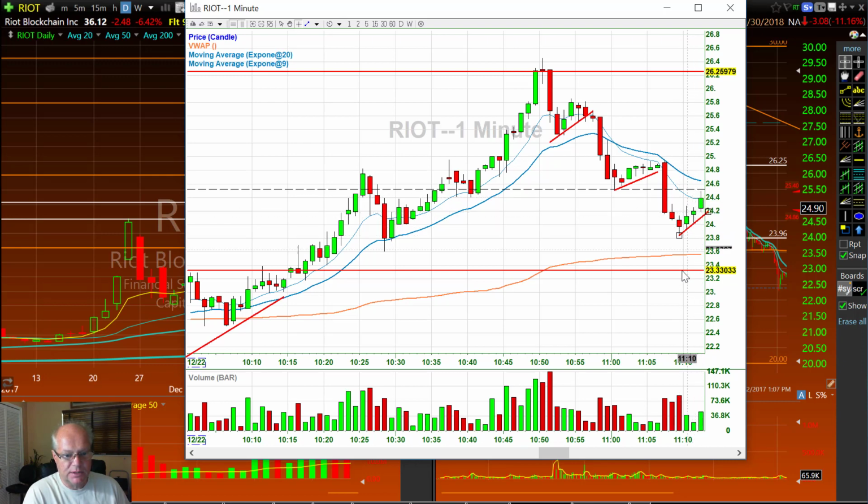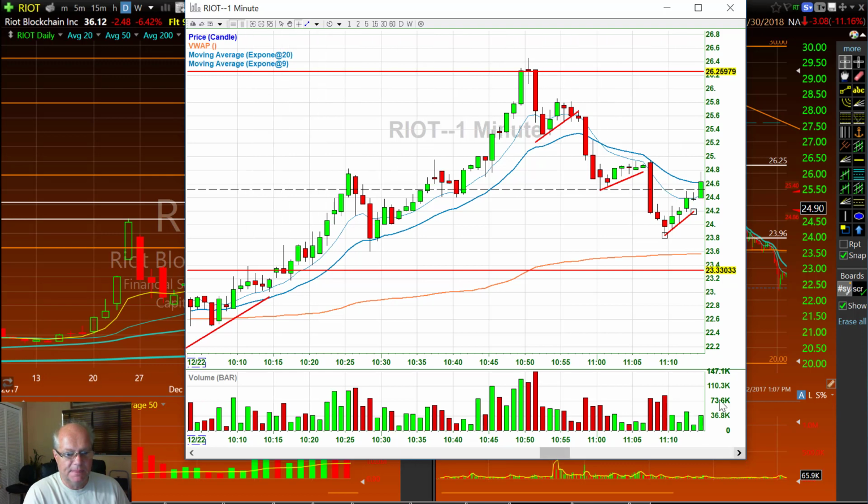The safer, more conservative approach is to wait till it breaks this lower trend line to enter. And see, it didn't. And you might cover the rest, because it's broken up above this previous low. And you draw this trend line here. See, it's broken. That's it. You're all out. That trade's over.